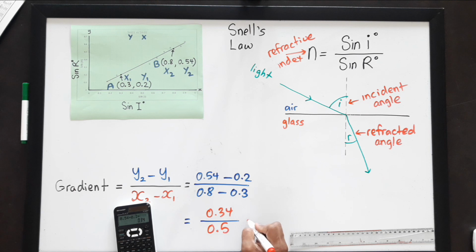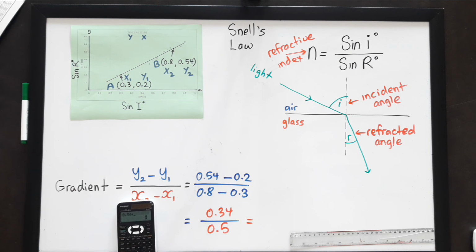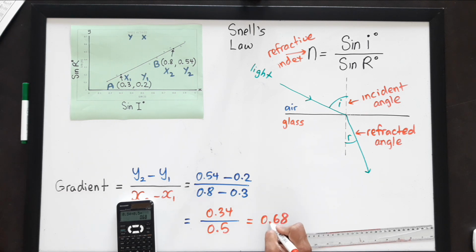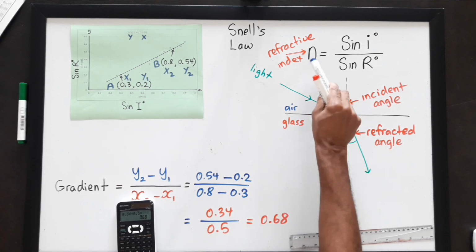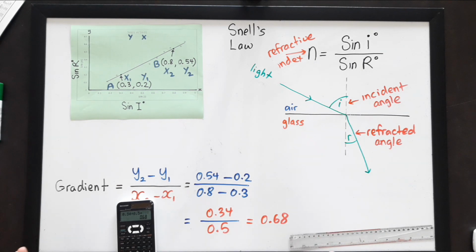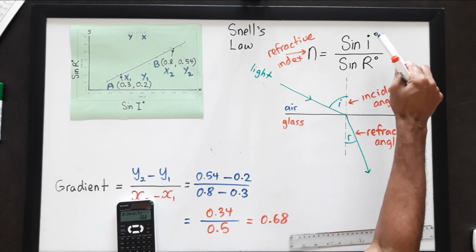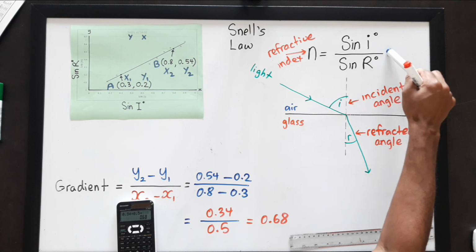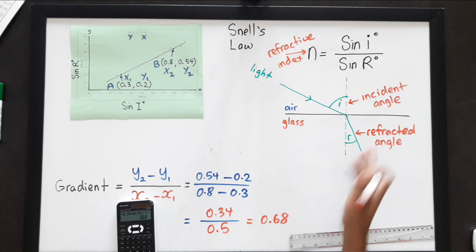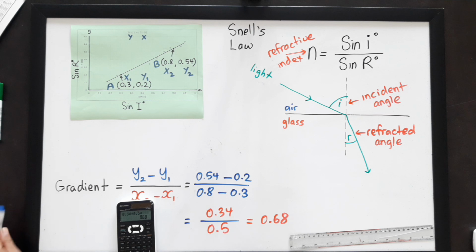So if we were to divide this, 0.34 divided by 0.5, I got 0.68. Now, let's figure out if we needed to flip the value. To calculate the refractive index, which is the aim of this question, we have to take sine I and divide it by sine R. Let's see what we have on the graph paper.